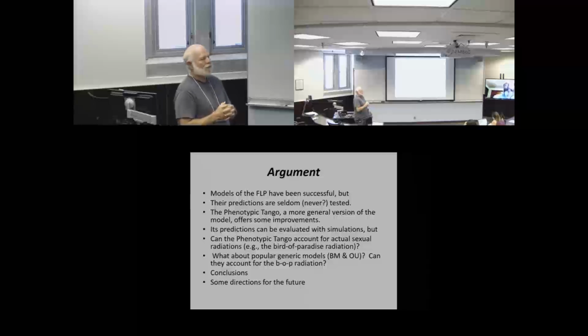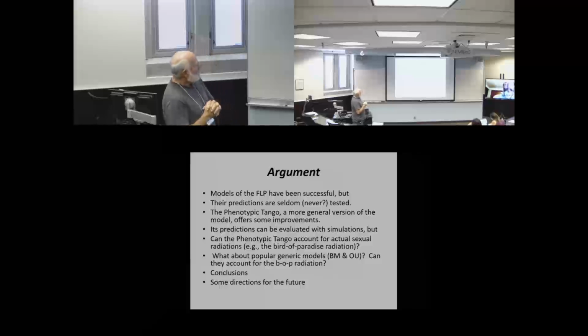And it's remarkable how few examples of actual tests with data have been conducted. I think the problem is making the connection between data and theory. So what I'm going to show is what we call the phenotypic tango, which is a more general version of the model that incorporates two characters, or it could incorporate many, on both the female and the male side.